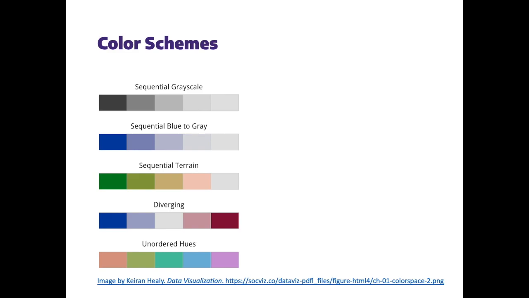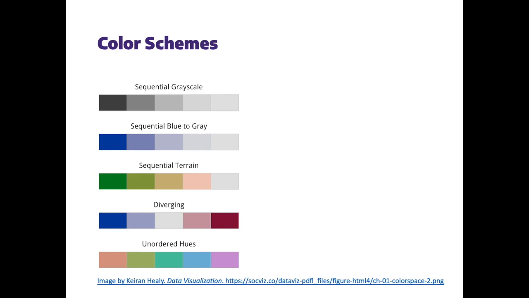Sometimes it's blue to gray. Sometimes you'll use some sequential terrain. So for instance, you might see on a map that mountains are darker green, whereas farmland might be a lighter green, and then urban areas might be more of a desert sand color.